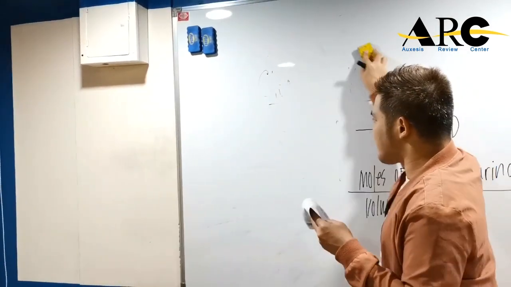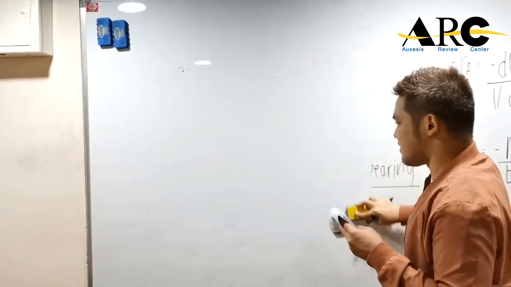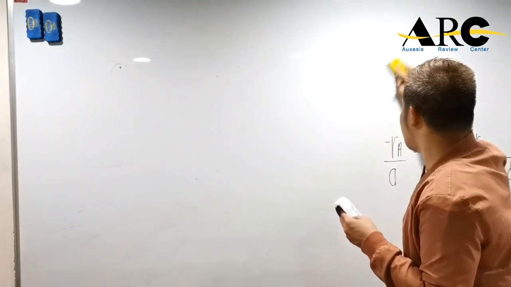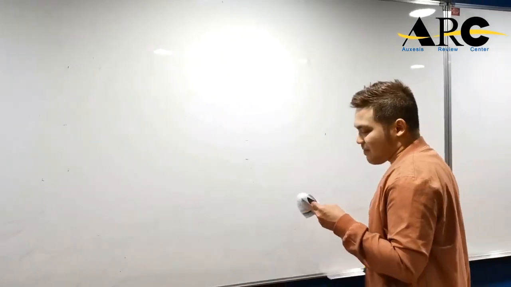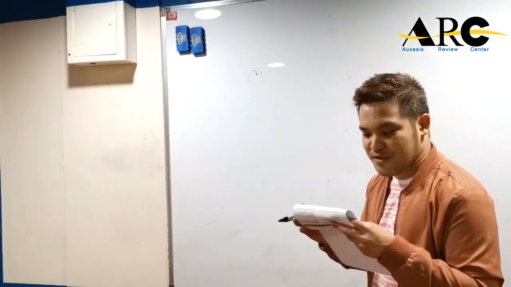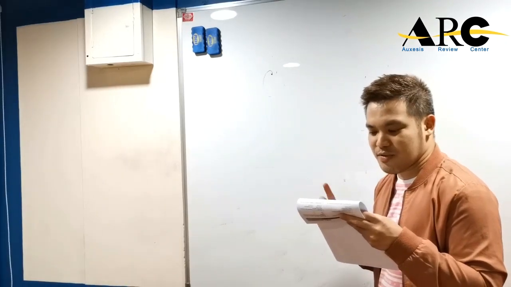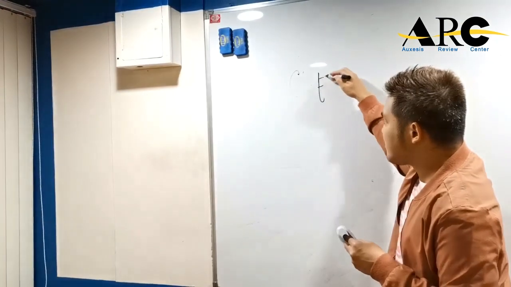Bago yan, meron tayong different types ng reaction. Meron tayong tinatawag na elementary and non-elementary reaction. Kapag sinabi natin elementary reaction, sa number 4, the reaction in which rate equation corresponds to a stoichiometric equation is called elementary reaction.